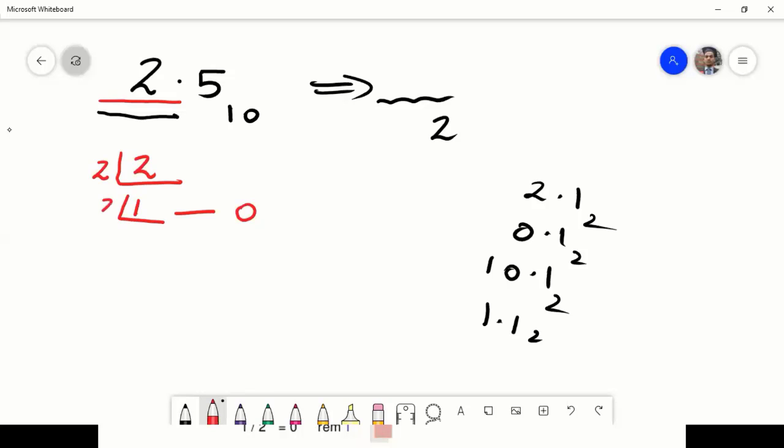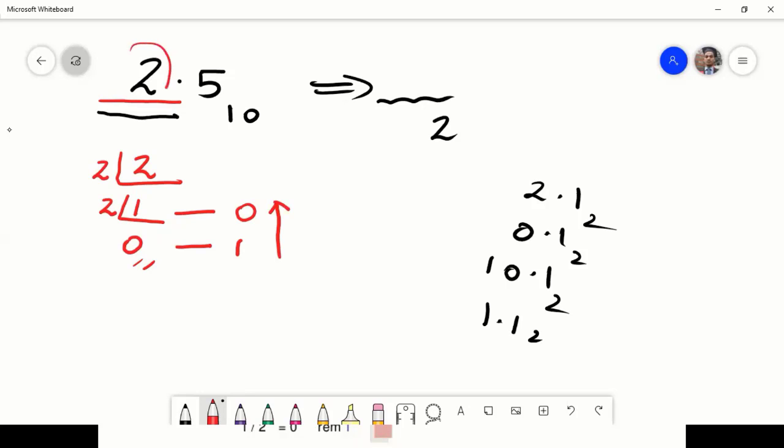We have to divide this 1 by 2, and it is 0 and then 1. So make sure this has to become 0, you can't stop before this. Now bottom to top.